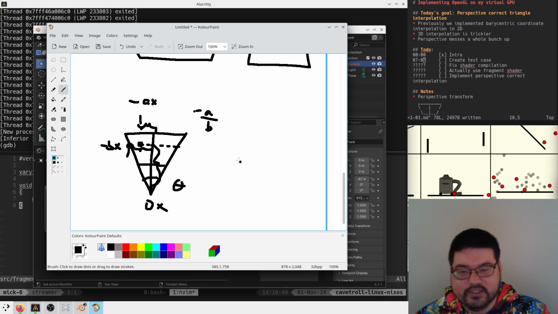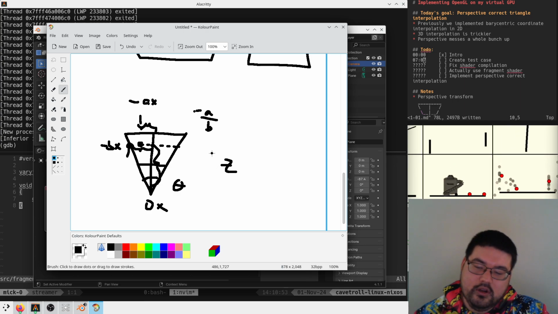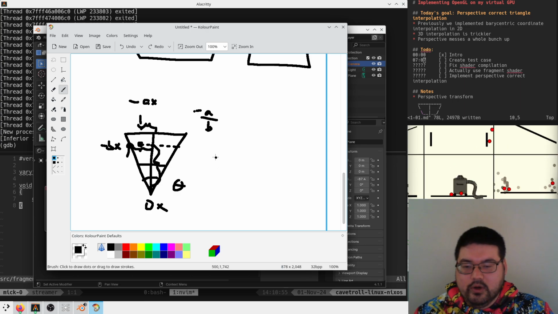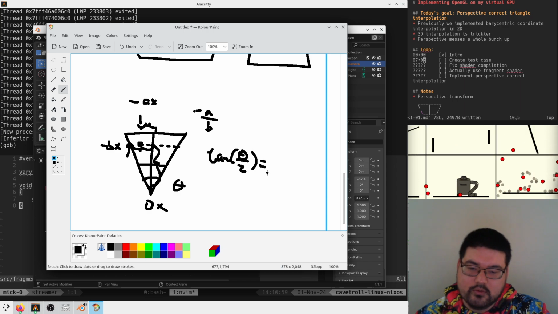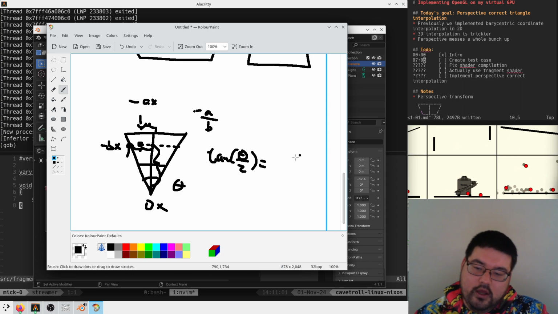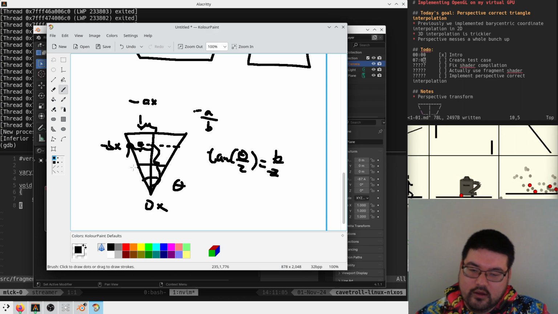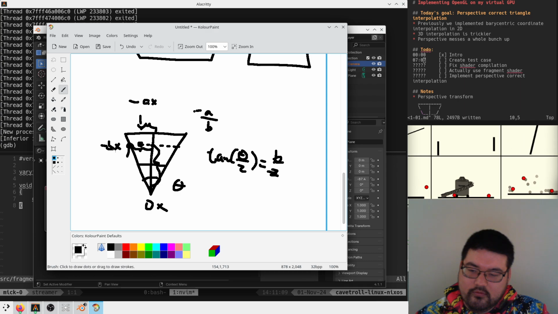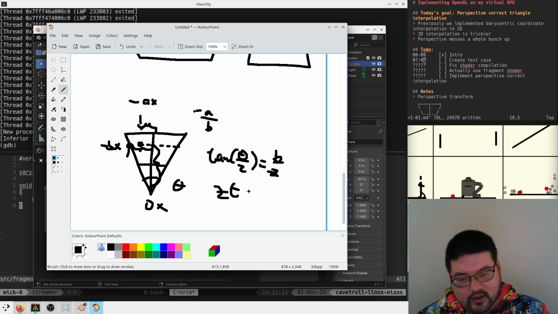The adjacent is z, so tan theta over 2 is equal to b over z in this scenario. So the width of this section is z tan theta over 2.